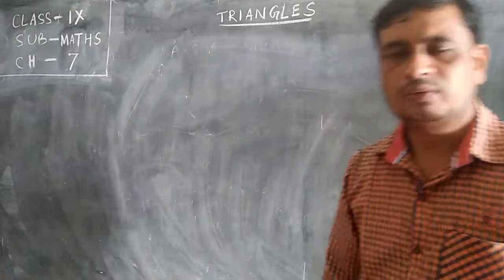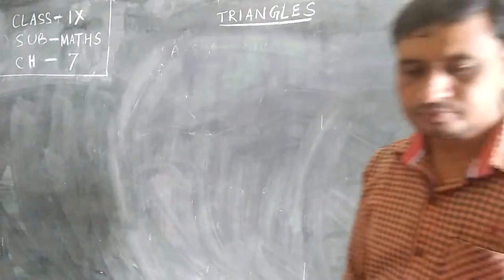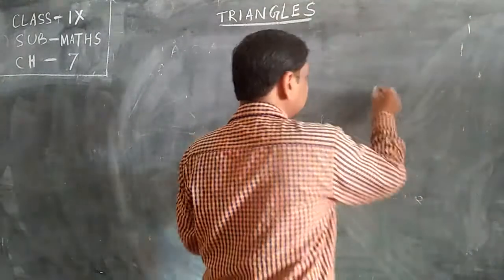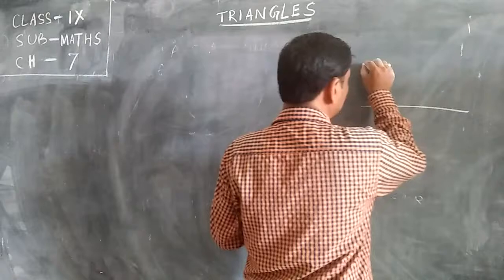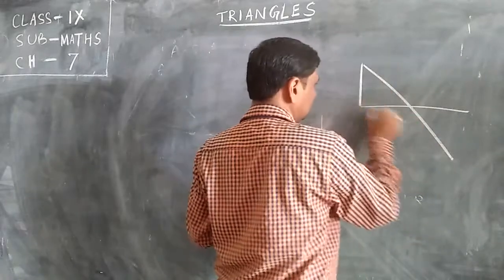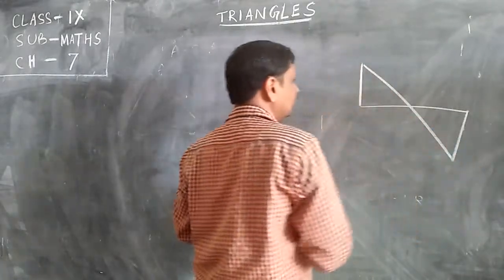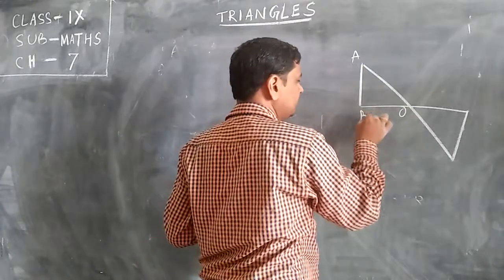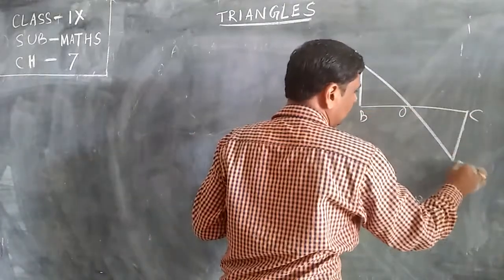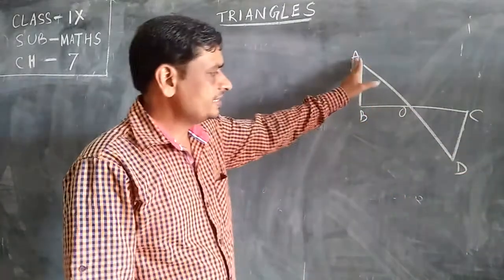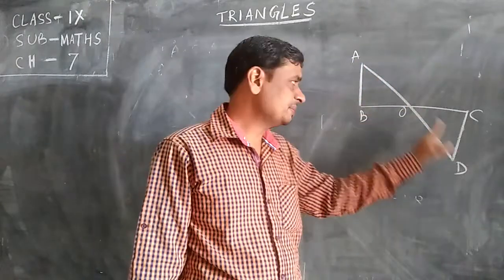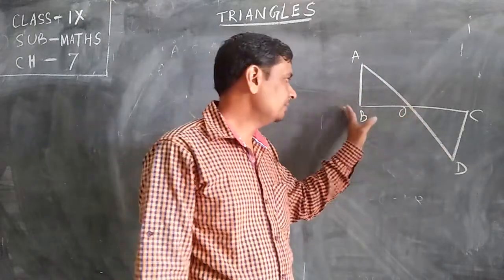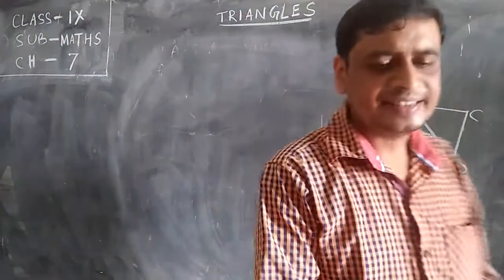Next we will discuss one example here. AOB and COD. The line segment AD has midpoint O and DOC is a line segment.